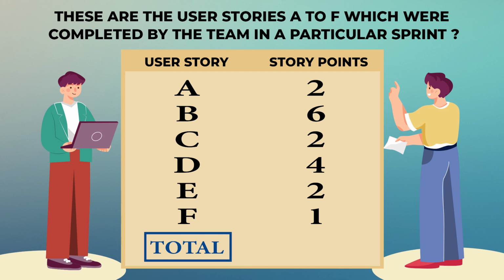I would recommend you pause the video, calculate and put your answer in the chat window. Okay, so what did you find? Yes, the team velocity is 17. Pretty simple, right? Just add up the story points corresponding to each of the user stories.